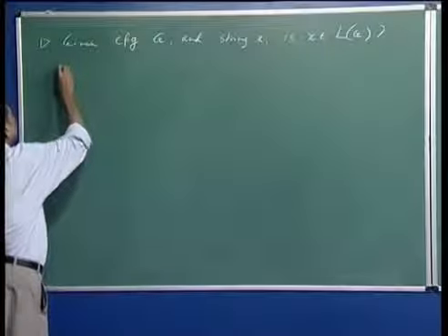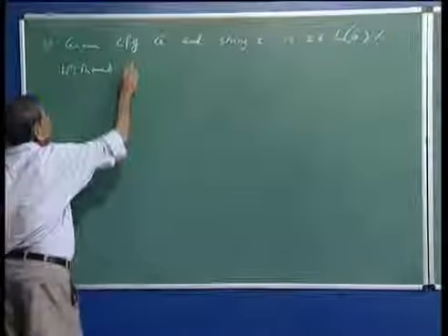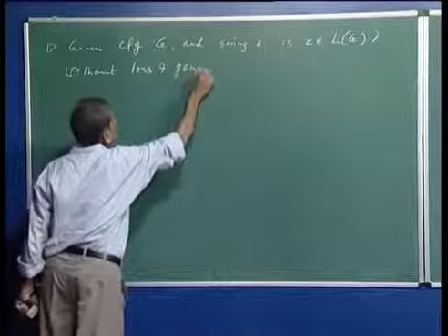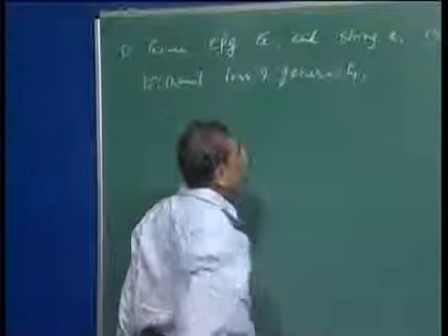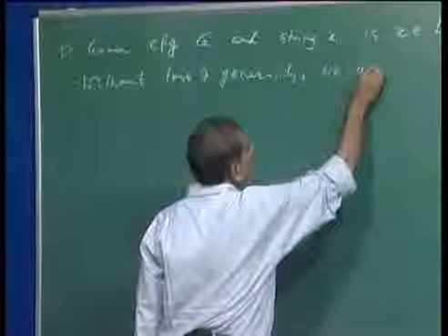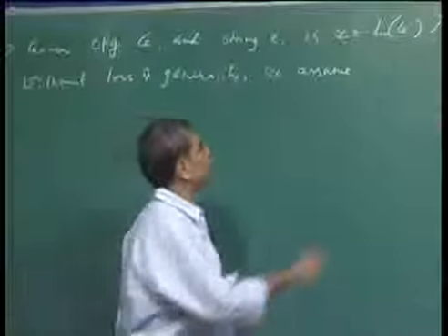Now, let me write this, that without loss of generality, we assume that this G is in Chomsky normal form.